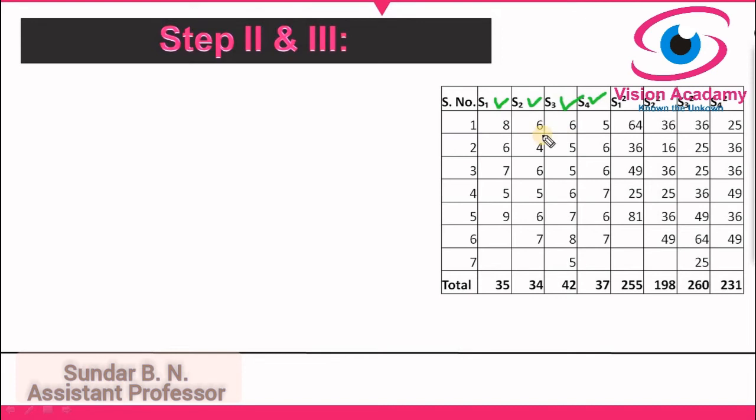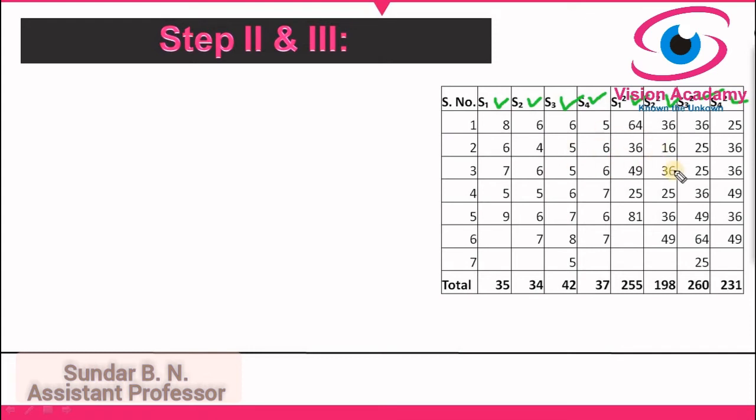Now firstly, we have to make a square of each sample, that is S1 square, S2 square, S3 square and S4 square. So 8 square is 64, 6 square is 36, 7 into 7 is 49, 5 into 5 is 25, 9 into 9 is 81, and so on. I have squared all the values from all 4 schools.